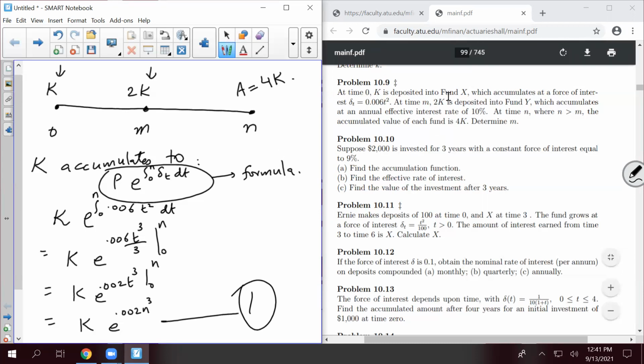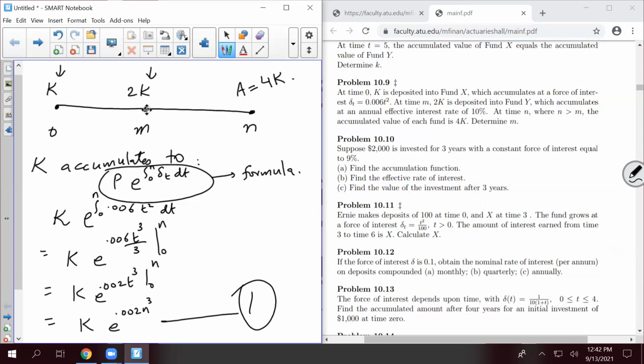And what about this 2K? The 2K is coming in at this time. So how much time duration does it have till the end? It comes in at time M, and our final destination is time N. So how much duration do we have between this M and N?